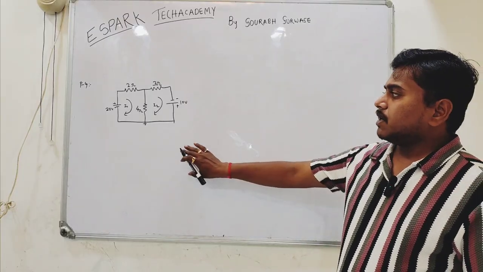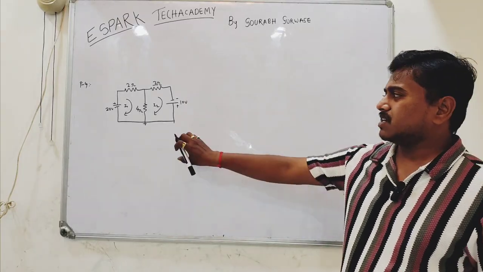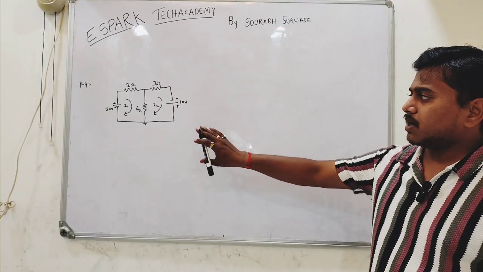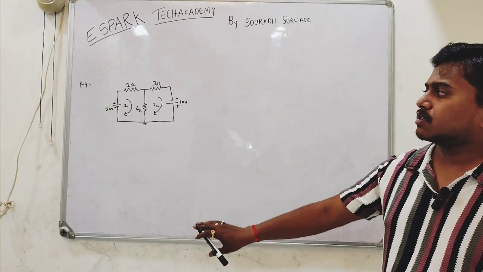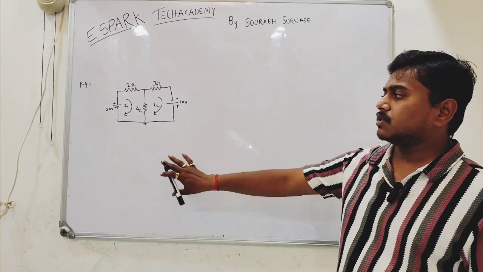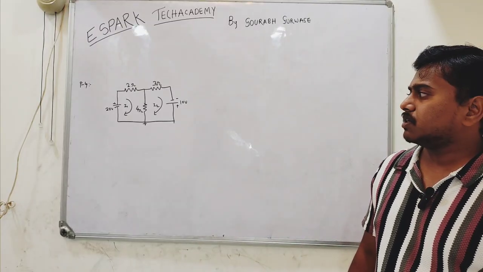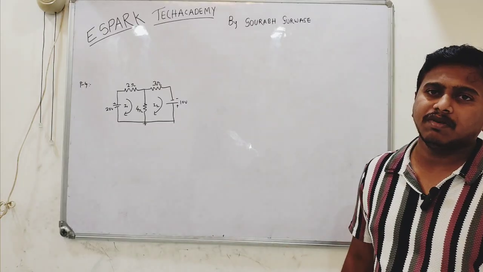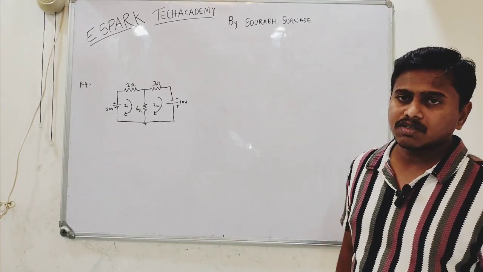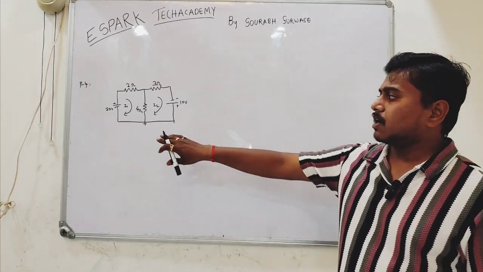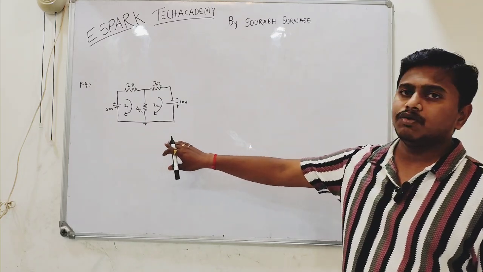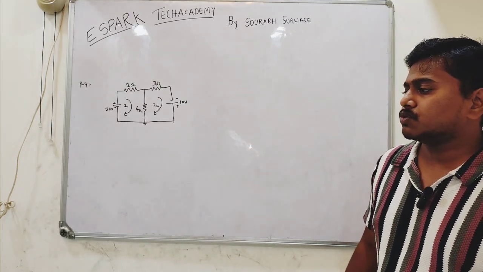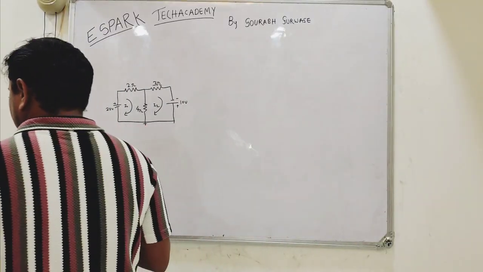Now it is a medium difficulty level, or you can even say a high difficulty level, because as far as diploma numericals are concerned, this will be the highest difficulty you will be asked in the exam. Loop 3 will not be asked many times. This will be more than sufficient. Still, the same concept will be helpful to solve a third mesh loop also. Now we will go through it.